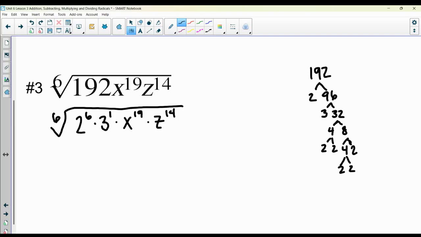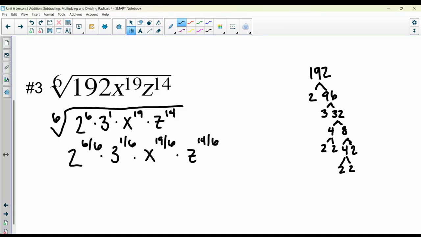I'm going to show you how that works. If you can see how to simplify this without having to change it to fractional exponents, that is also fine. Just know that when we start our problem with a radical, our final answer should be with a radical. So if you change it mid-problem to fractional exponents, please make sure your final answer is in radical form.